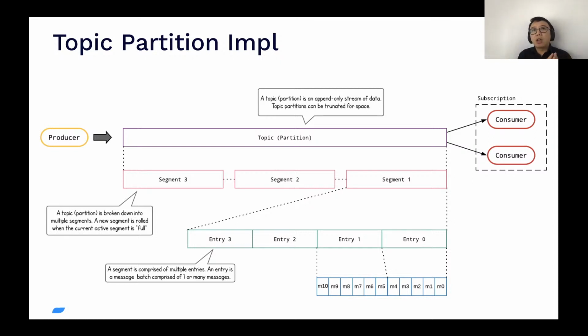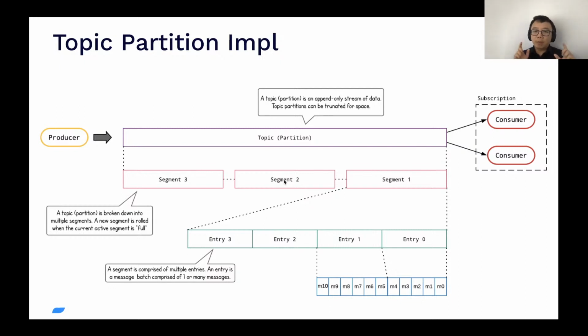So it's not just a simple running number as you can see in a system like Kafka. It actually uses three numbers to identify a message within a topic partition, and that's what we call the message ID. But in many ways, the message ID is the offset within this topic partition.